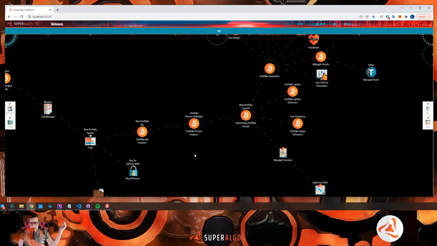What the system provides is the possibility for the portfolio manager to have access to all the information of each individual trading bot, together with the market information.